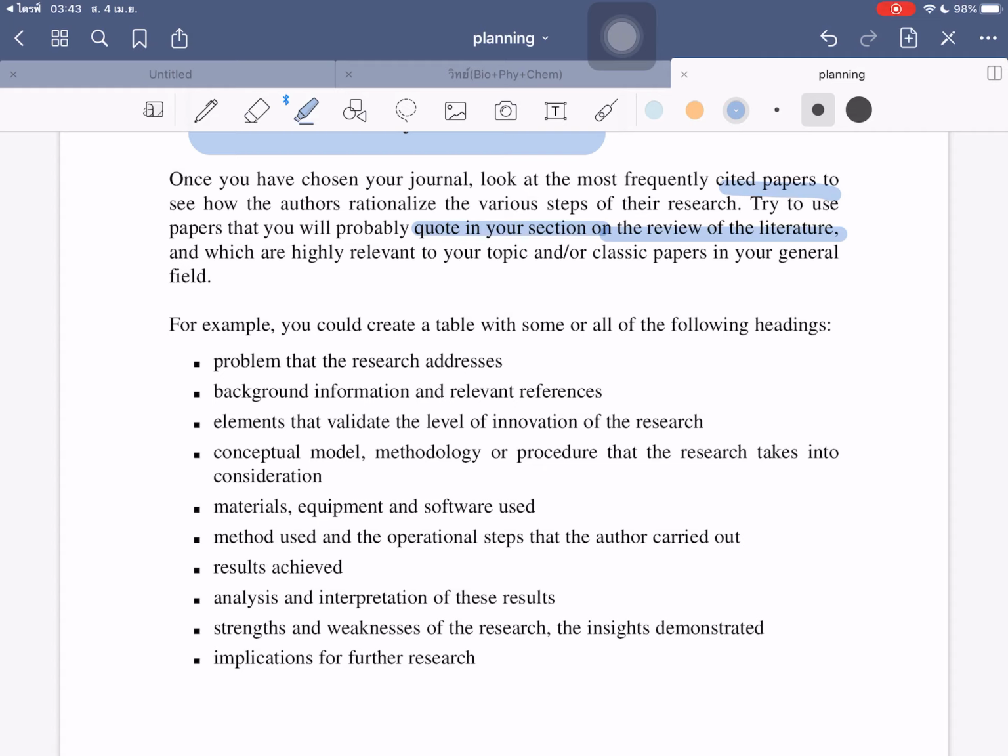Headings: what you need to think about when you read for literature review.